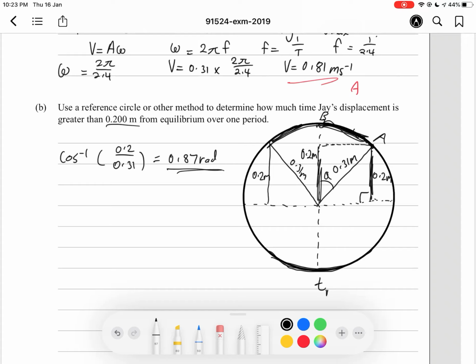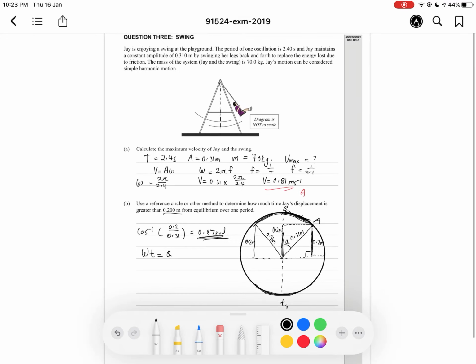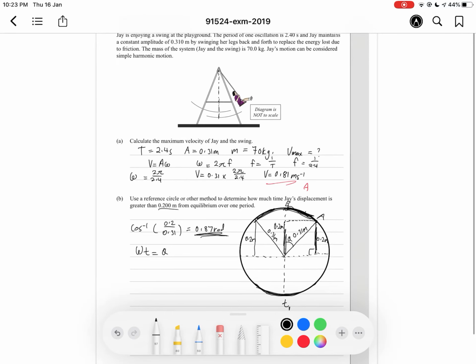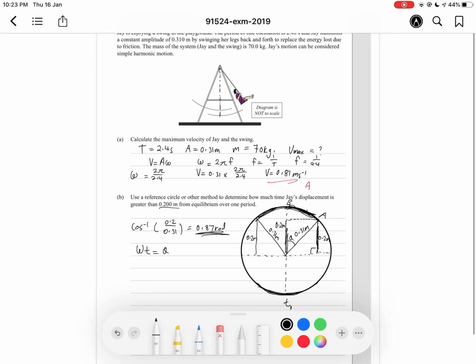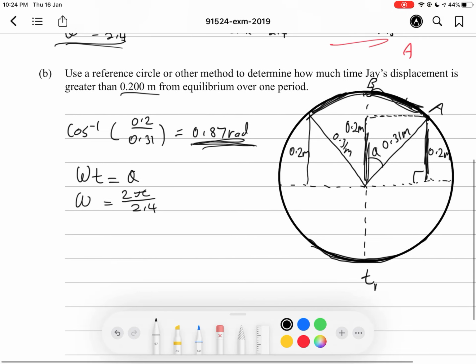We can use this angle in the equation: angular speed multiplied by time is equal to our angle theta, which is the 0.87 radians we just found. We already found out that our angular speed was 2 pi over 2.4.